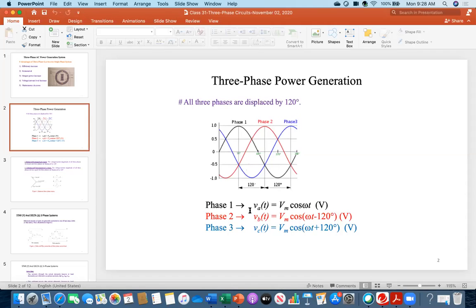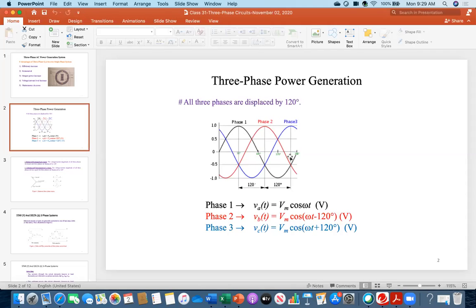So far we discussed only this format, only one phase. Now everybody see phase 2. The first equation for phase 2, VBT, is Vm cosine of omega t minus 120. From here it will be 120 degree later, or lagging. That's why in the figure it starts along the 0 line at this point: this is 90 degree, then another 30 degree, so 120 degree later.